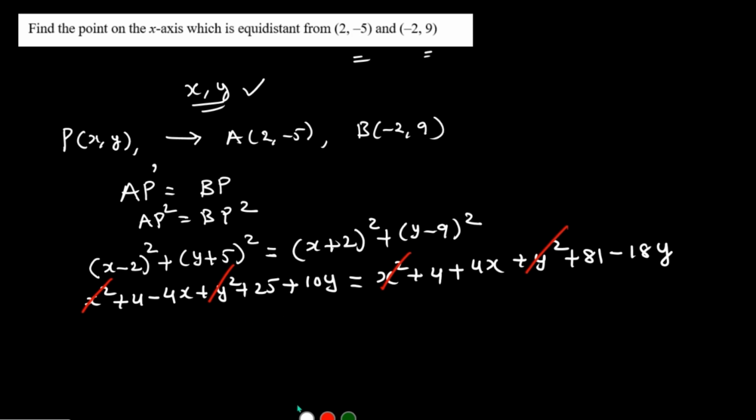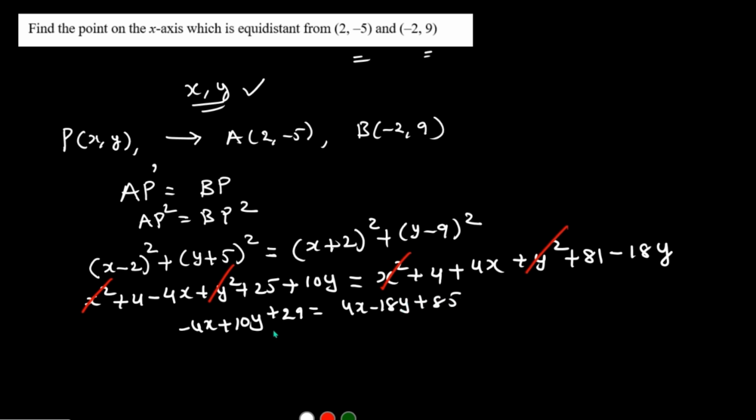Further, if we simplify this equation, it's minus 4x plus 10y, 25 plus 4 is 29, equal to 4x minus 18y plus 85.